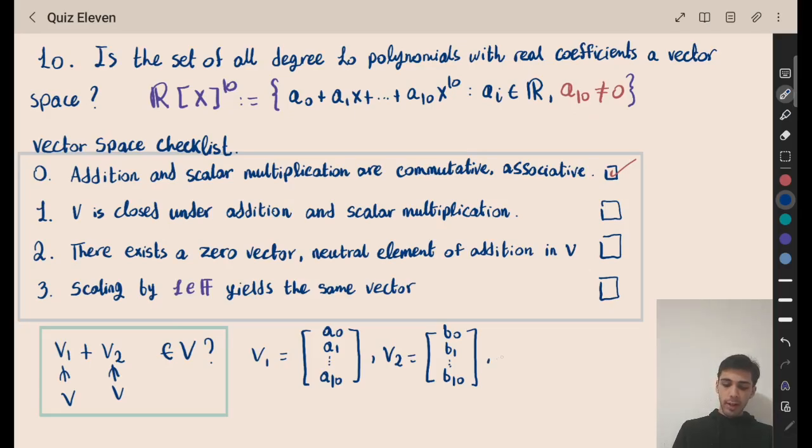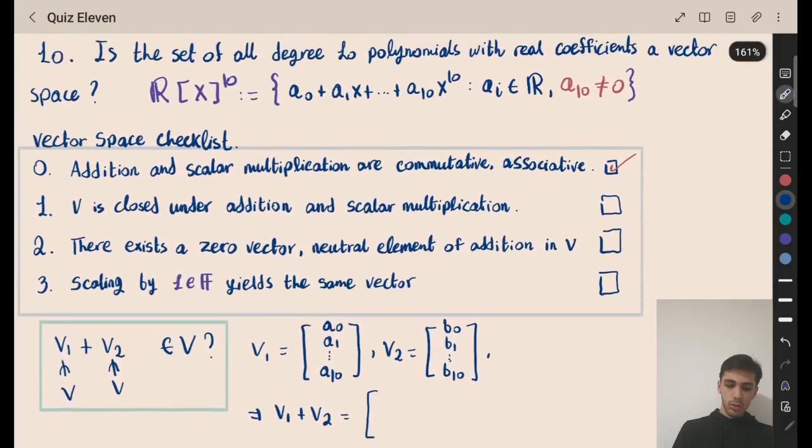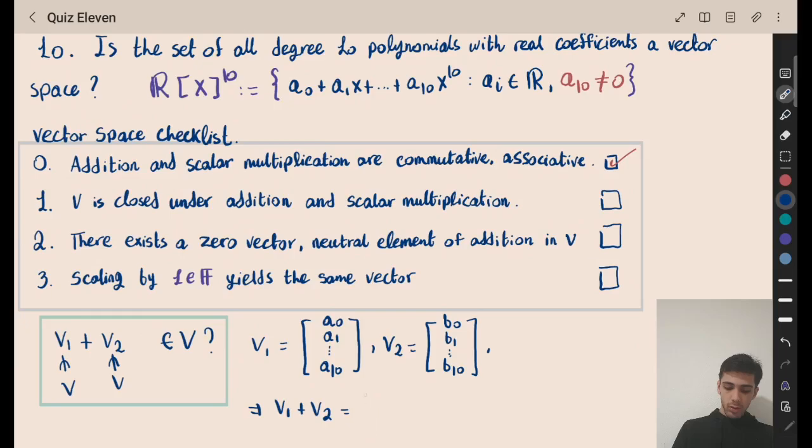And let's say I add V1 plus V2 and see what I get for myself. a0 plus b0, a1 plus b1, and so on and so forth. a10 plus b10.